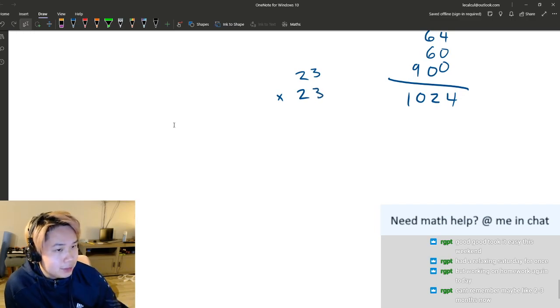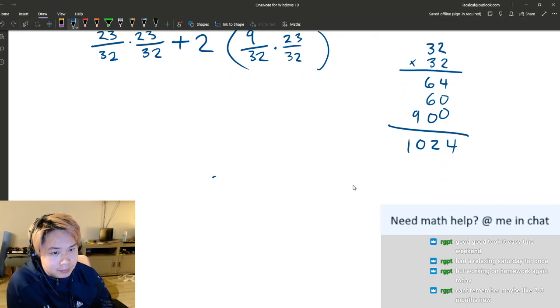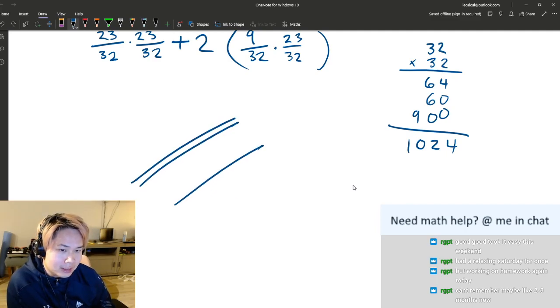Oh, actually, let me show you a cool way that works for small numbers. Japanese multiplication. So I think it goes like this. You draw 2 lines and then 3 lines. So this represents 23.